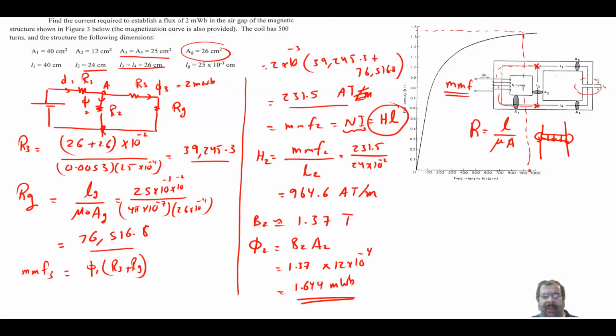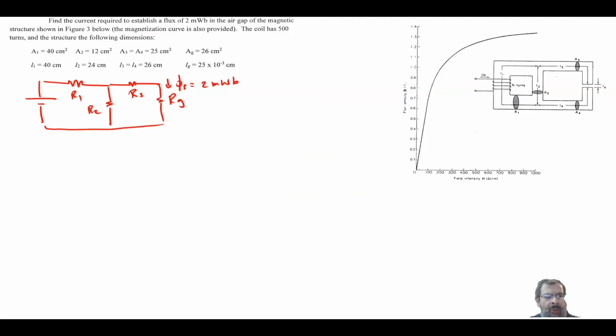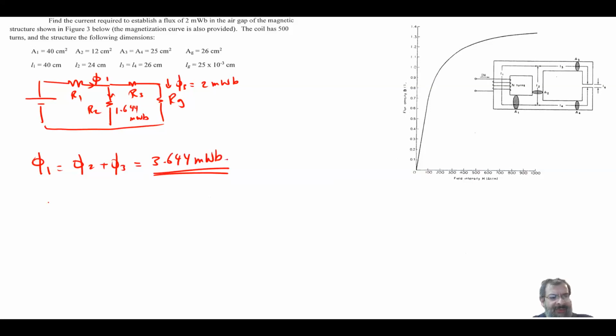And from the previous part, we know that here it is equal to 1.644 milliweber. Now we can find phi 1. So your phi 1 is equal to phi 2 plus phi 3, just simple KCL. And this will give me 3.644 milliweber.